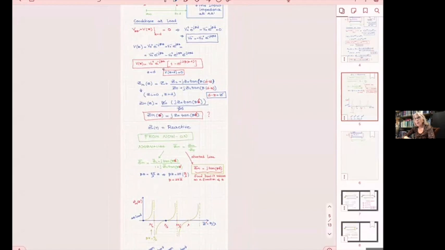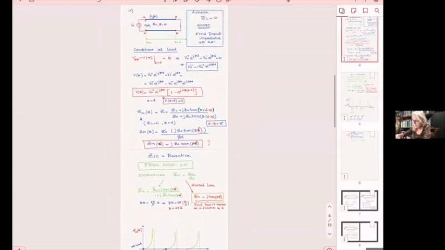And on Wednesday, when we do one more example, I'm also going to introduce the Smith chart, so you can see the same things visually. It's very useful for high frequency circuit design. Any questions?